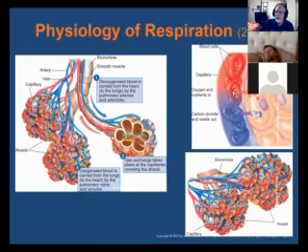So we have oxygen molecules moving out into the tissue, carbon dioxide moving back into the bloodstream, and then some of this carbon dioxide attaches to hemoglobin, some of it just rides along out in the blood itself.